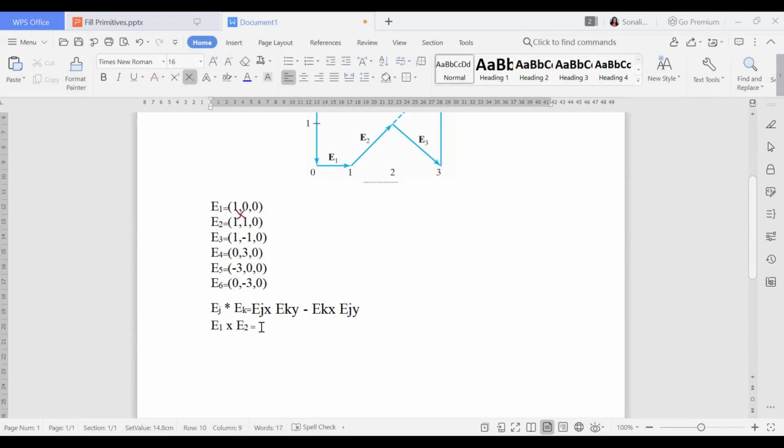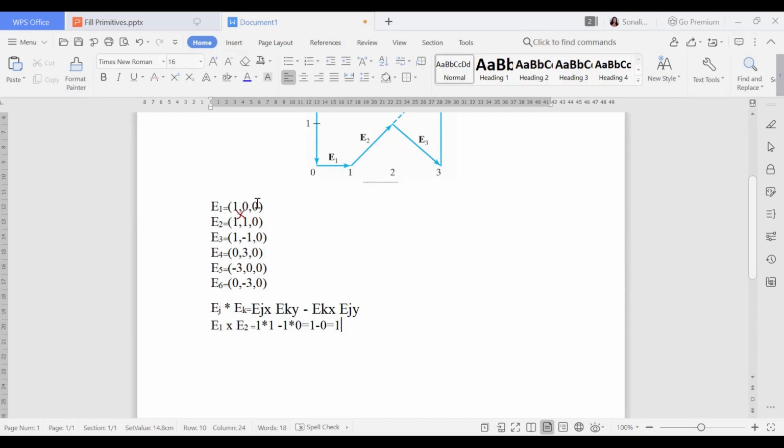So now you see here, E1 and E2. According to the formula, 1 into 1 minus 1 into 0. Okay, so what will be the value of this? 1 into 1 is 1, minus 1 into 0 is 0. So now the value will be 1.